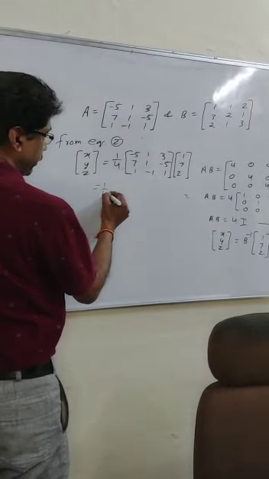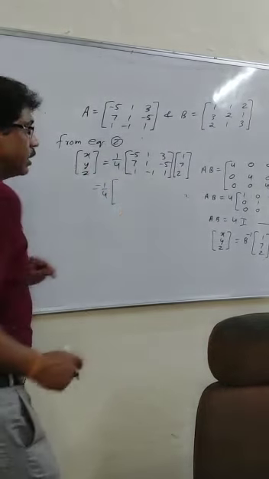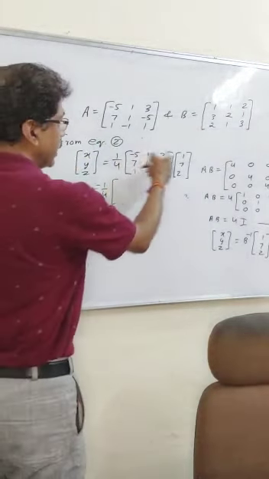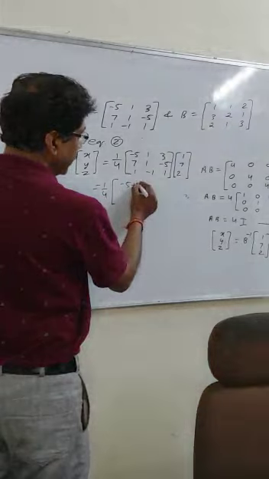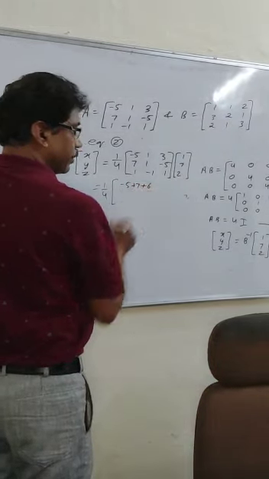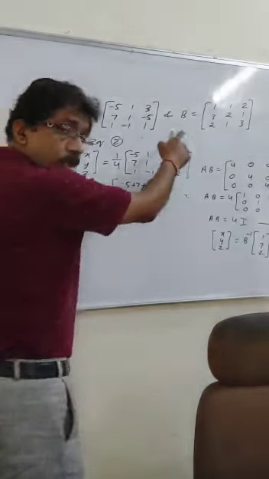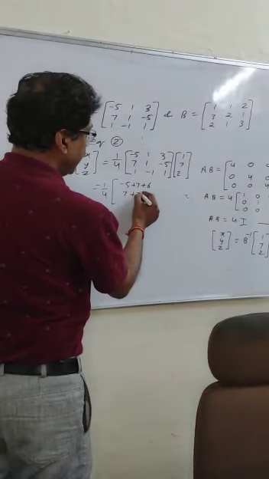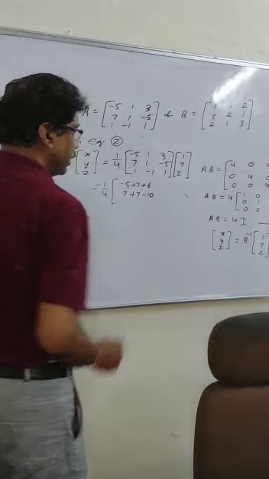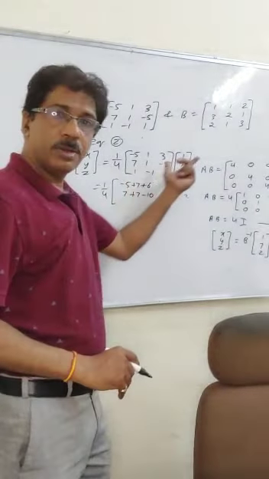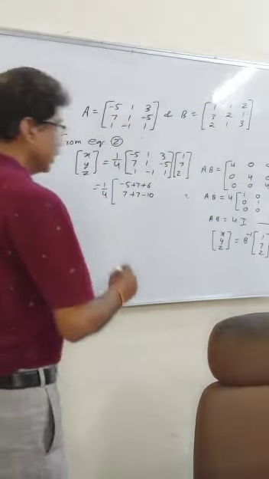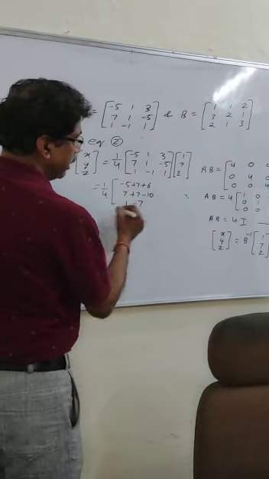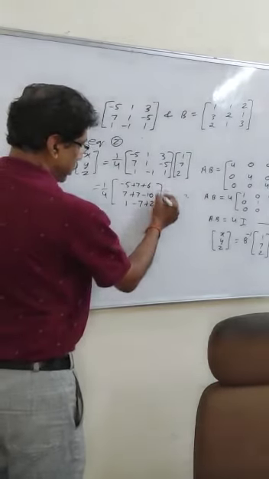Multiply. So when we multiply the first row with the first column, this is minus 5 plus 7 plus 6. Second row, first column, 7 plus 7 minus 10. And finally, third row with the column, it is 1 minus 7 plus 2.